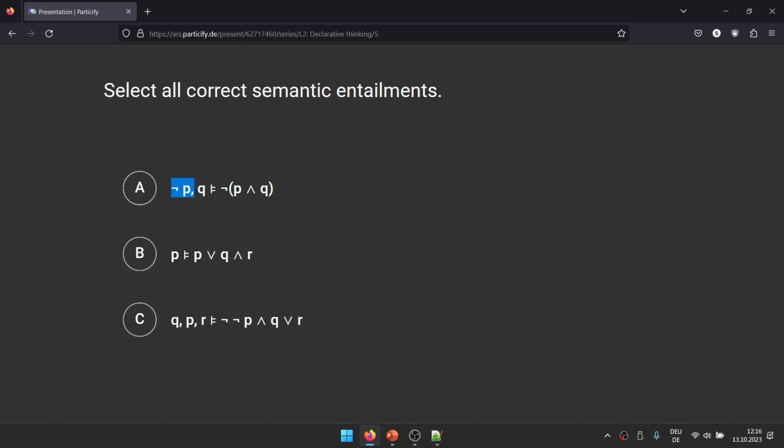Is there a way to make the formula not P true? By setting P false, exactly. So we know that here there's only one way to make it true by setting P false, and there's only one way to make this one true by setting Q true. So P is false and Q is true, so we have false and true. What does that give us? False and true gives us false. We negate false, we get true. Okay, so this means that this is a true semantic entailment.